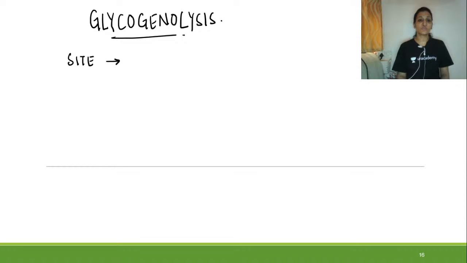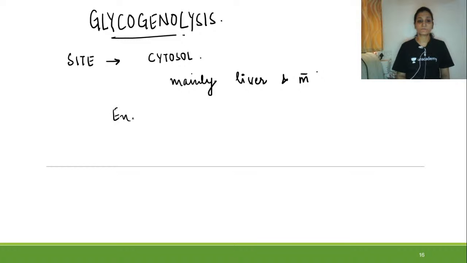The site of this is the cytosol, mainly of liver and muscle. The end product here is glucose.